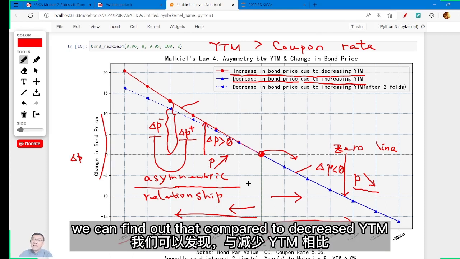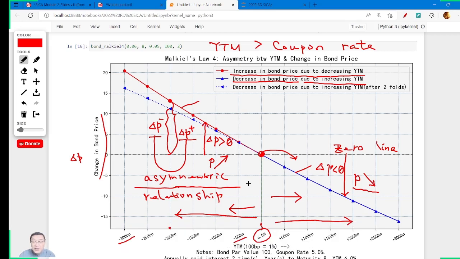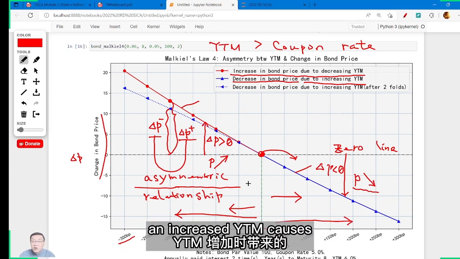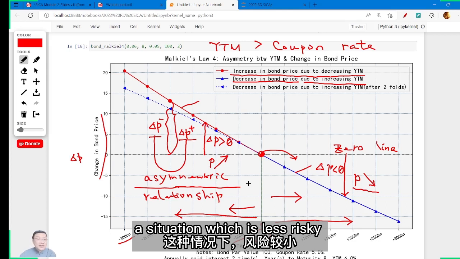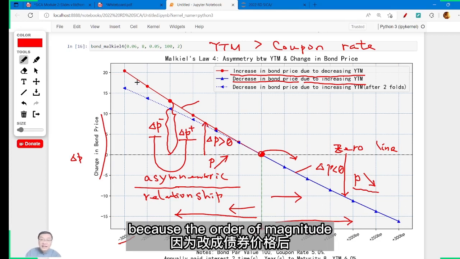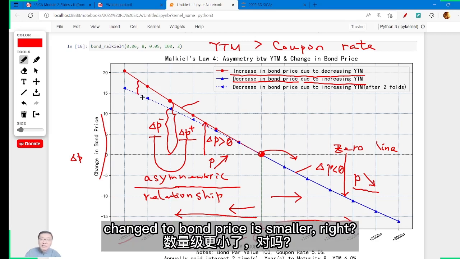We can find out that compared to decreased YTM, an increased YTM causes a less risky situation, because the order of magnitude of change to bond price is smaller. It's smaller, right?